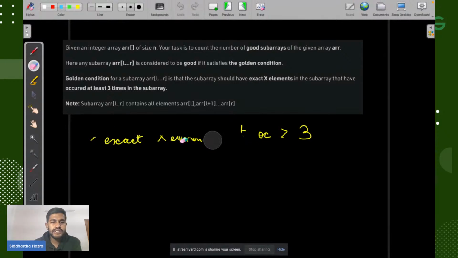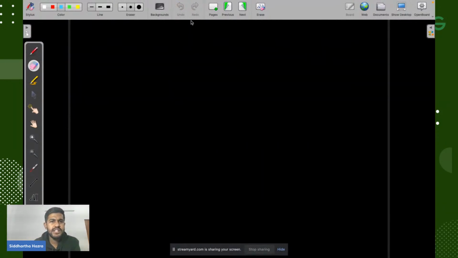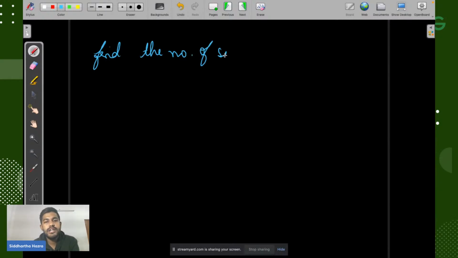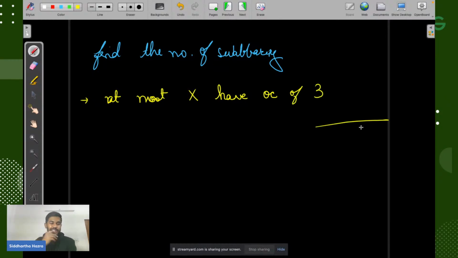The question is nothing but: find the number of subarrays where at most x elements have an occurrence of 3. So I would have a two-pointer kind of approach, and this is a famous two-pointer question.